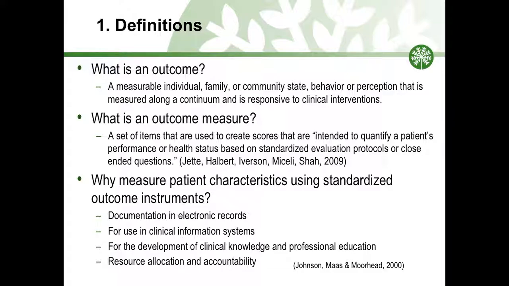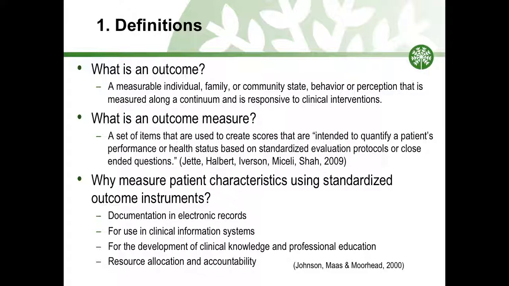So an outcome is a quantifiable measurement of either somebody's pre-activity or post-activity participation. An outcome measure has been validated for the most part. They are standardized tools that have been found through clinical research to be useful to identify and quantify a client's performance based on their answers to the questionnaire.